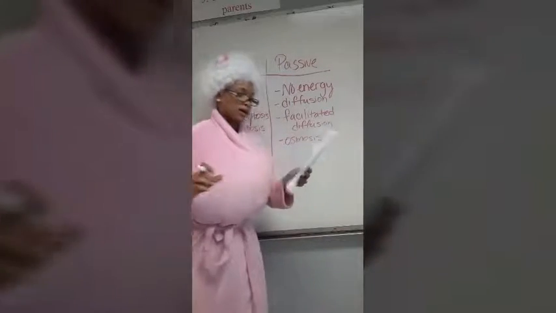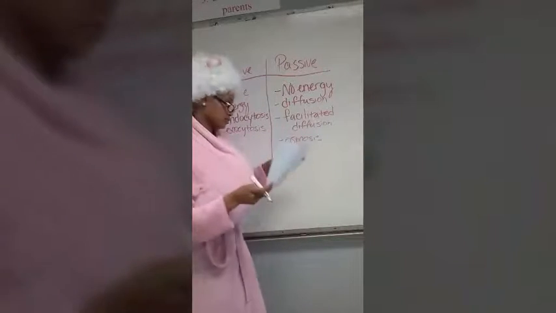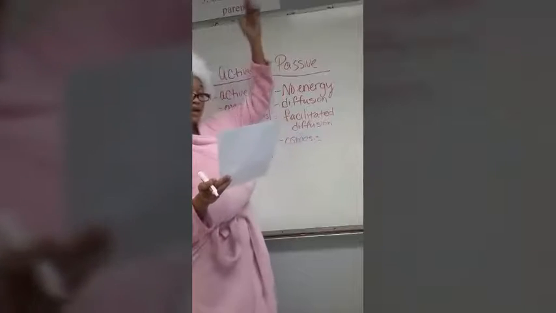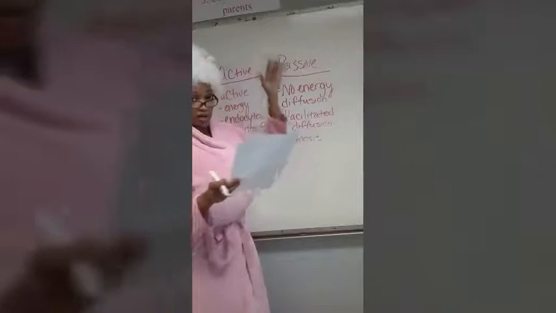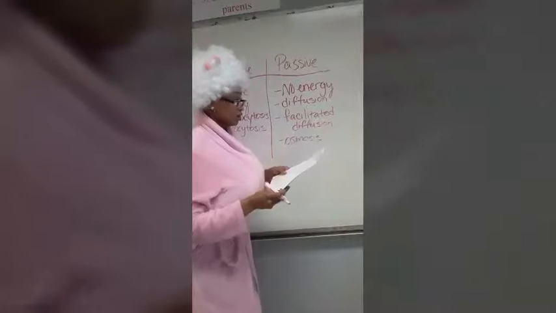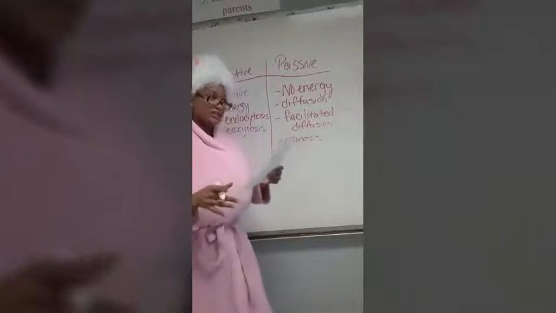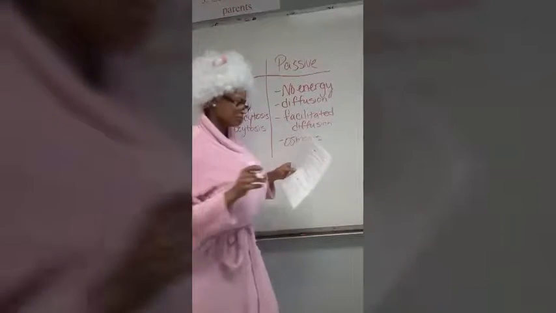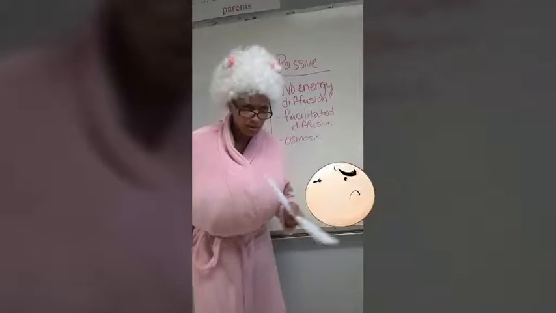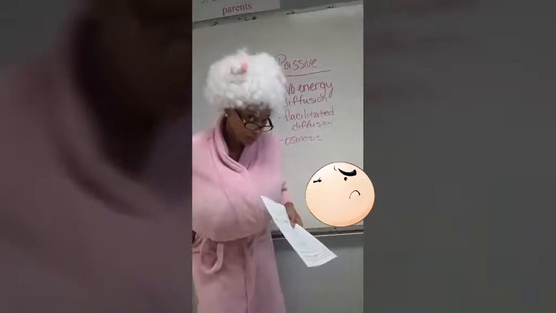Okay, now diffusion is the movement of substances from an area of high concentration to an area of low concentration, okay? The goal with diffusion is to establish equilibrium. Equilibrium, that's a big word, huh? What did that mean?